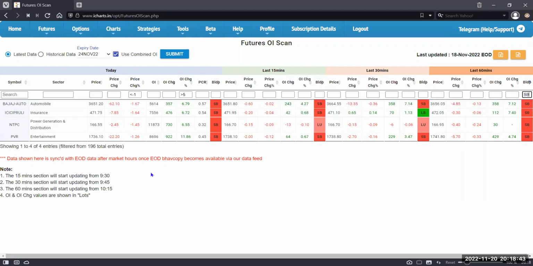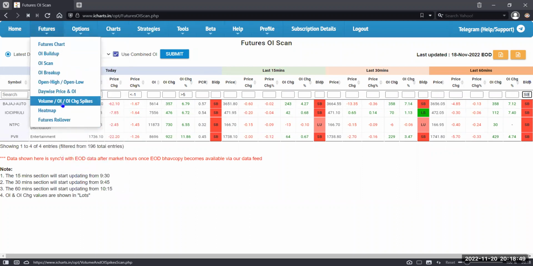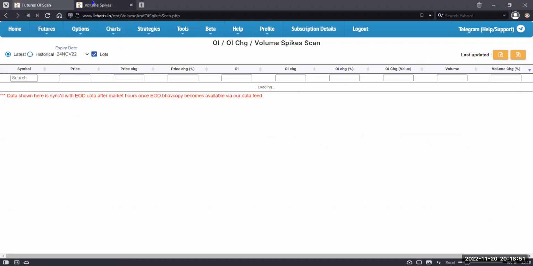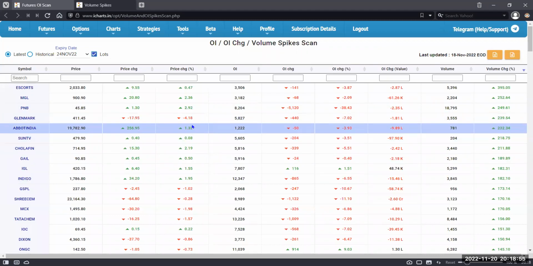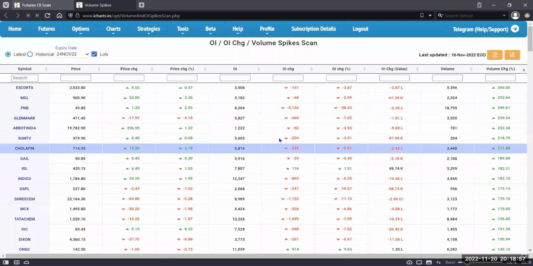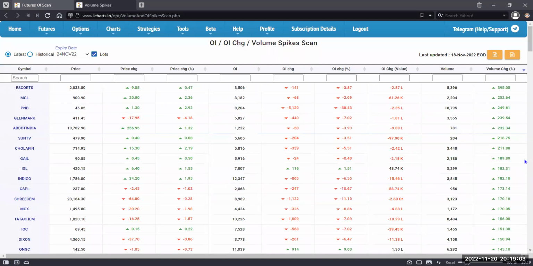So this is what you can do for intraday. The other thing also is volume changes, but this will come up a little bit later once the market has traded for a while, for about half an hour, 45 minutes, maybe 1 hour. Then you can check volume change.